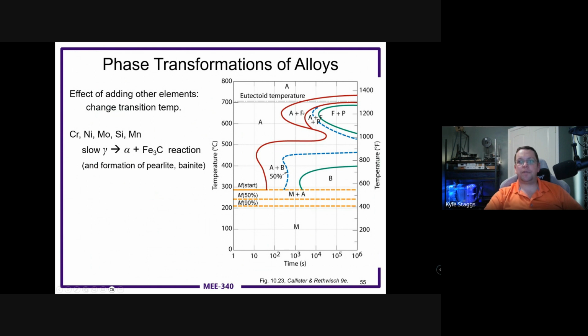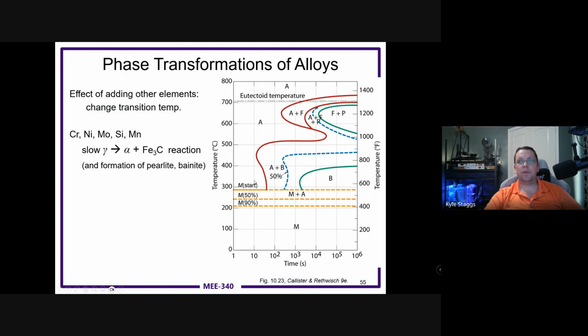So it shifts much, much farther to the right, like 10 to the 3 seconds instead of 10 seconds before you start getting a phase change. So these alloys are buying you additional time where you can have a quench happen.